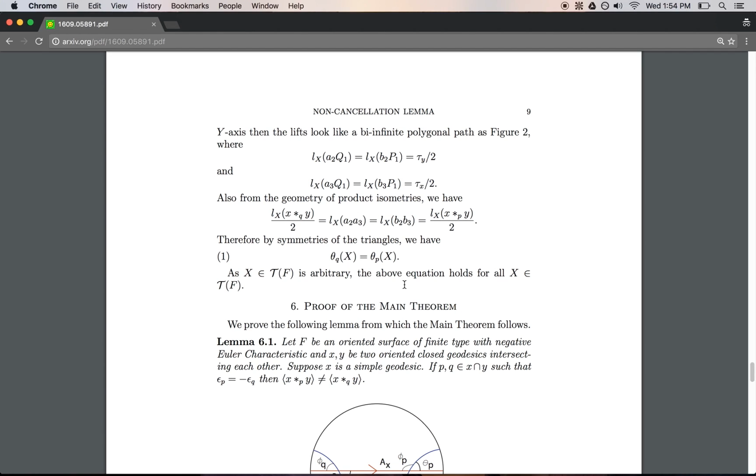Therefore, by symmetries of the triangles, we have phi sub Q of capital X is equal to phi sub P of capital X. As X is an element of the Teichmuller space of F, and being in the space is arbitrary, the above equation holds for all X.